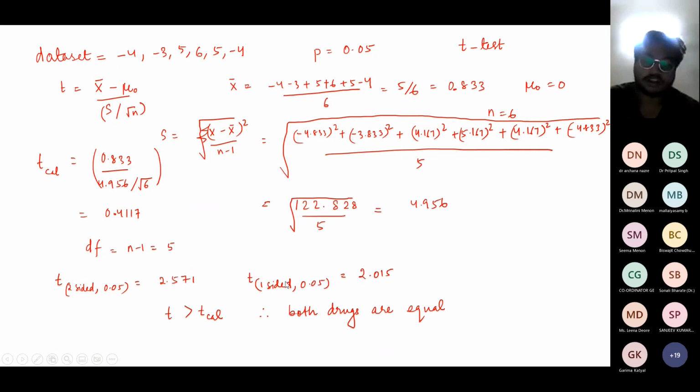And if it is greater than the one-sided t value, then we'll say drug A is better than drug B. Okay. So if the t calculated value is less than the t value from the table, then we say that we can't reject the null hypothesis and both of the drugs are working equally.